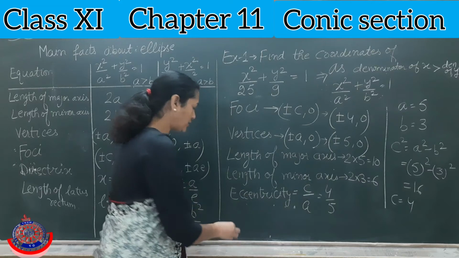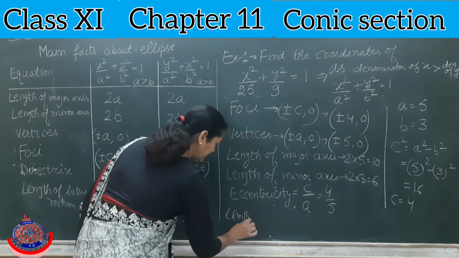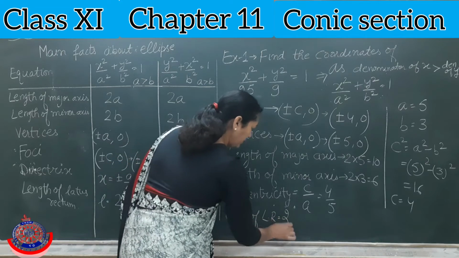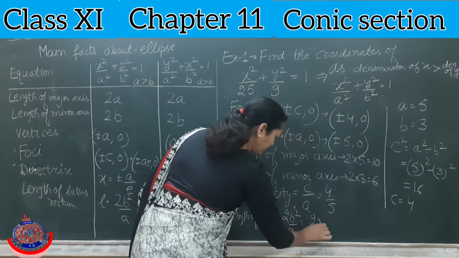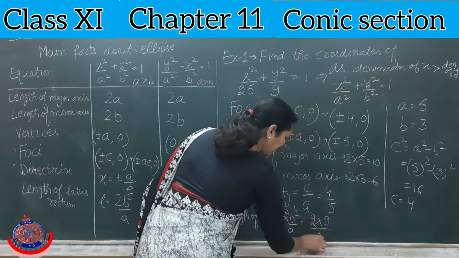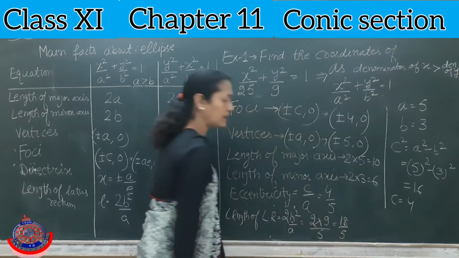And if they ask length of latus rectum, that will be 2b square upon a. So 2, b is 3. So 3 square is 9, a is 5. So that will be 18 upon 5.